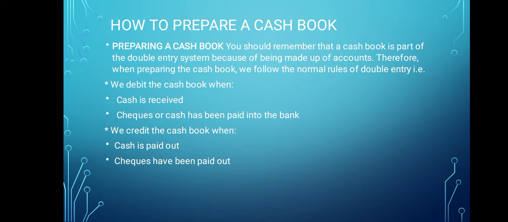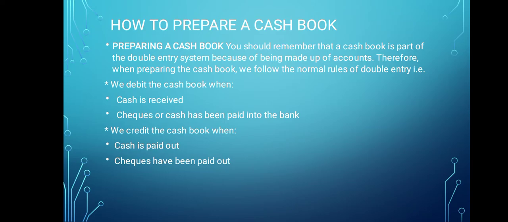Now you might be wondering, sir, you are the one running the business, but how do I credit my cash book when cash is paid out? One, you are looking at your expenses. When you pay out money for purchasing your goods, you are giving out cash, so you credit that transaction. When you give out money to Mary, to say, Mary, I'm buying bananas from you, you are crediting your account.